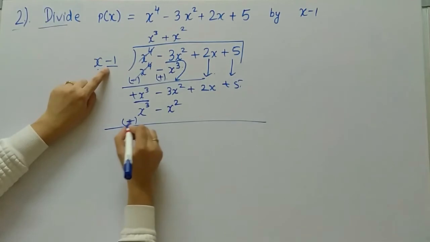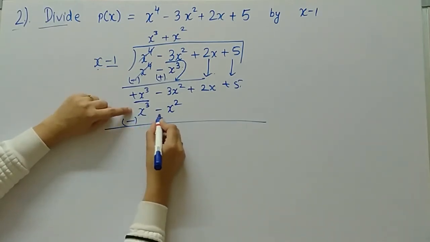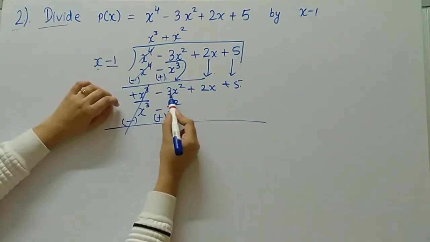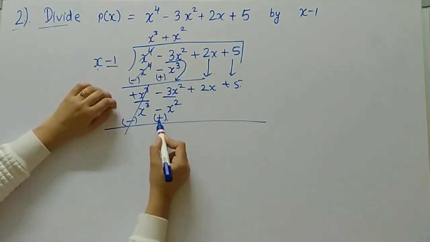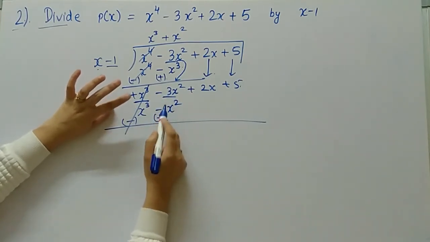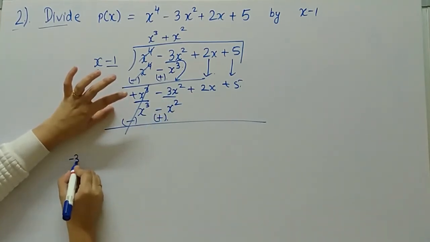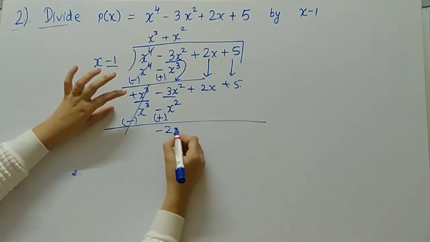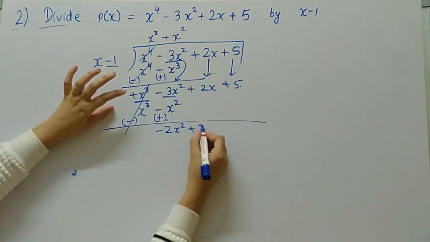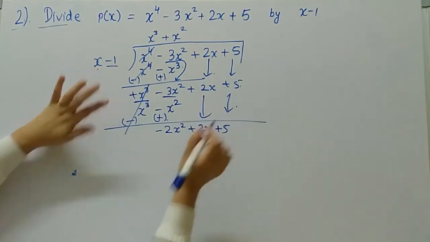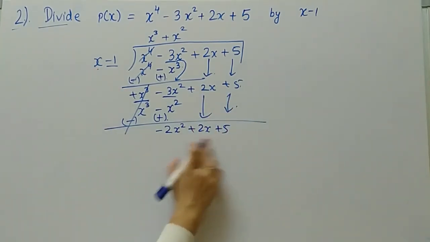Now the sign will be changed, so it will become minus and this will become plus, so it will be cancelled. So minus 3x square plus x square. Minus 3 plus 1 is minus 2. So we will get minus 2x square plus 2x plus 5. We will write the other terms as it is.